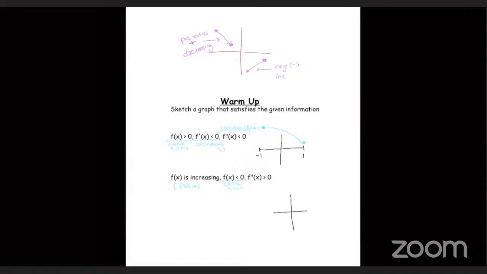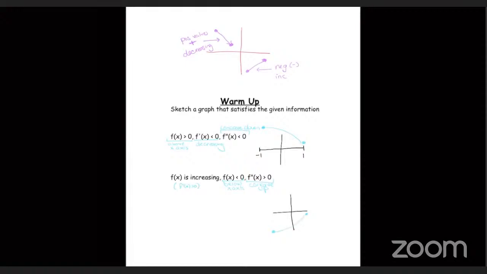And our second derivative is positive, and that means concave up. So my entire graph is going to happen below my x-axis. It's going to be increasing the whole way from left to right and concave up. So I'm going to start down here, end up here, stay below my x-axis the whole time, and connect those dots with a concave up curve.